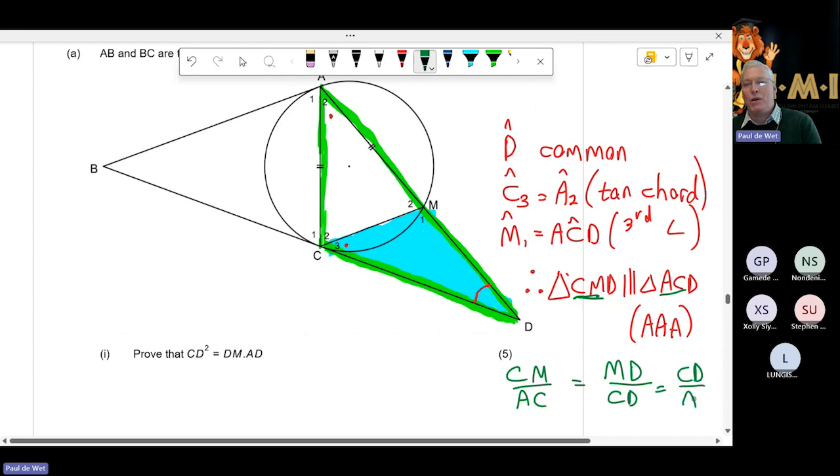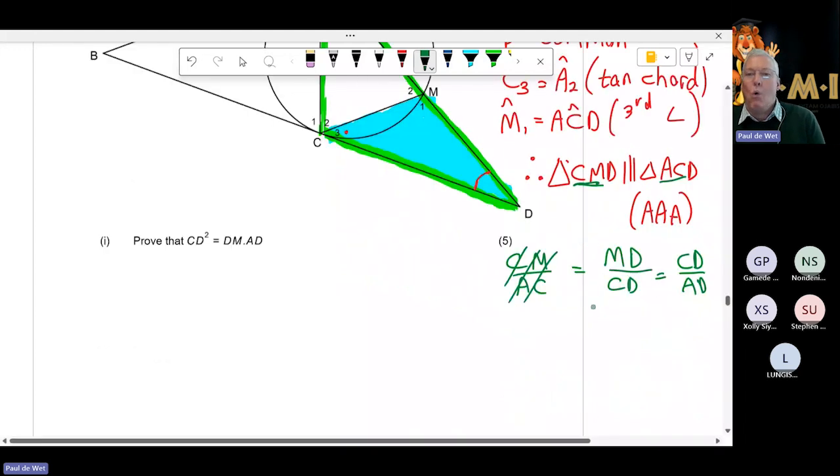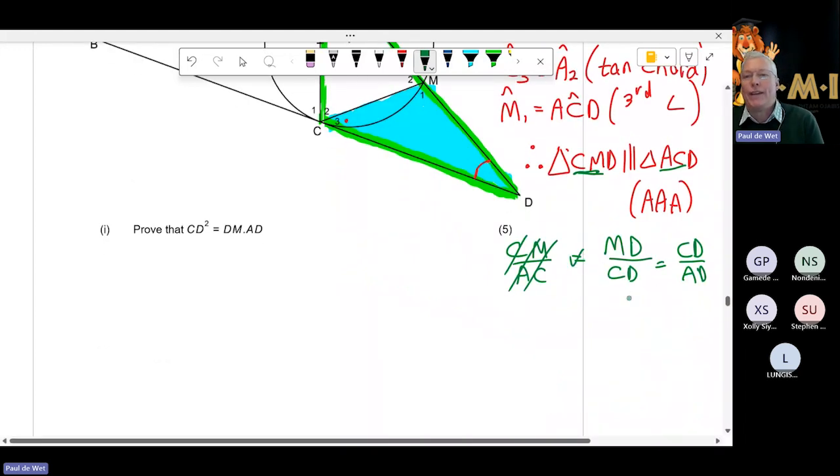Okay, I think maybe we don't need this first one. Am I right? What's the reason for this? We've got to have a reason, guys.